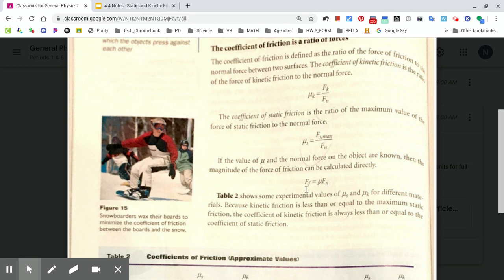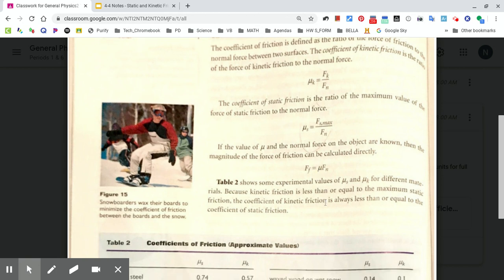That just means the magnitude of the frictional force is equal to the coefficient of friction times the normal force, whether that be kinetic or static friction as far as that coefficient value.